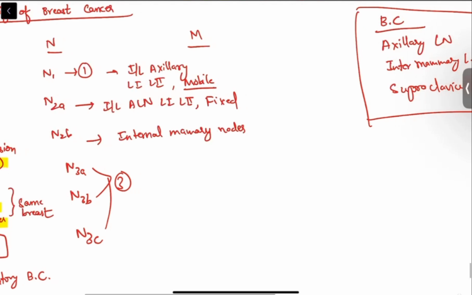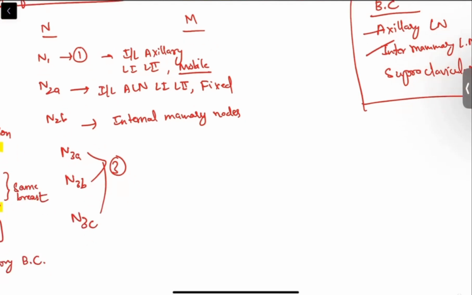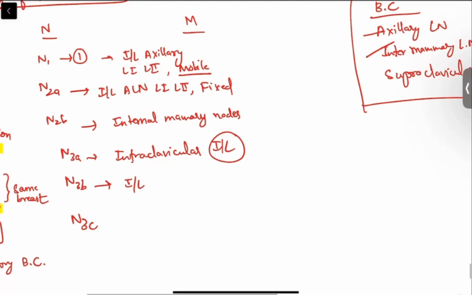So this one is done, this one is done. Now N3A: it is metastasis to ipsilateral infraclavicular lymph node. If the tumor has metastasized to ipsilateral axillary plus internal mammary, then it is N3B.